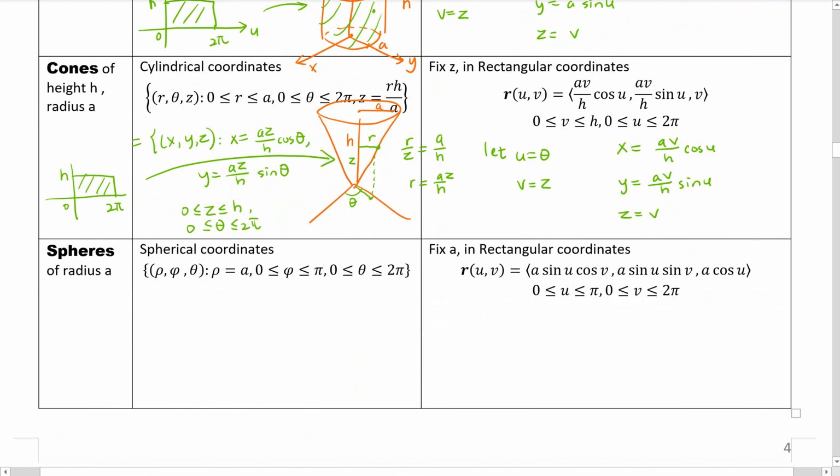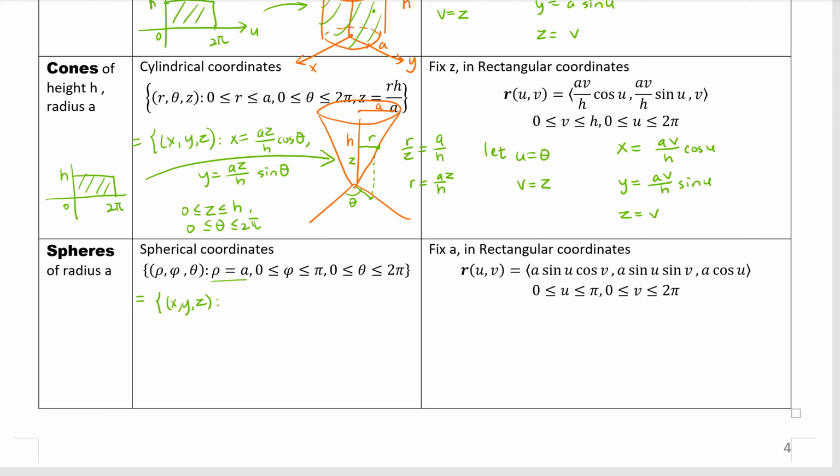Okay, how about spherical coordinates? Well, in spherical coordinates, you can see rho is constant, right? And if we want to write it in rectangular coordinates, what do we do? By the way, for the parameterization of surfaces, usually we use the rectangular coordinates.